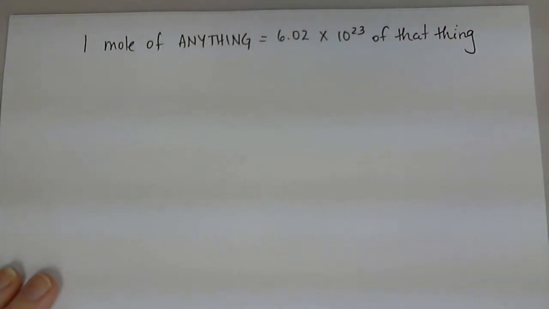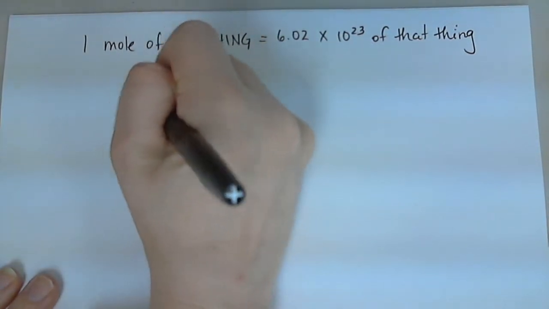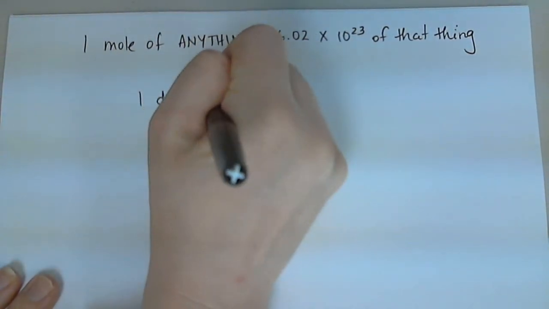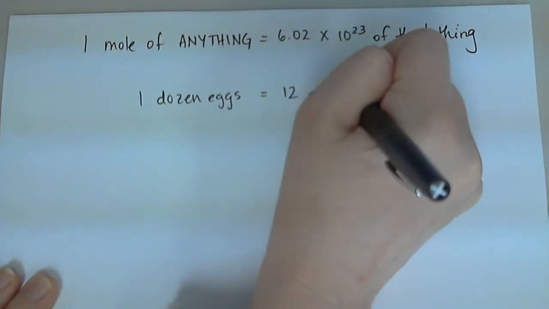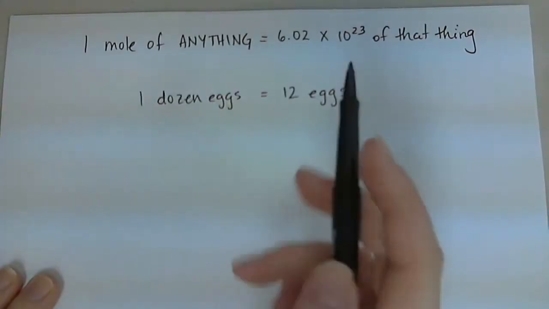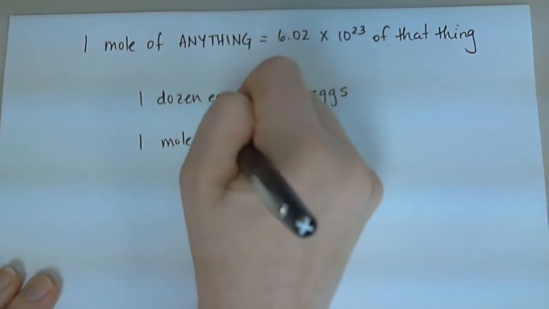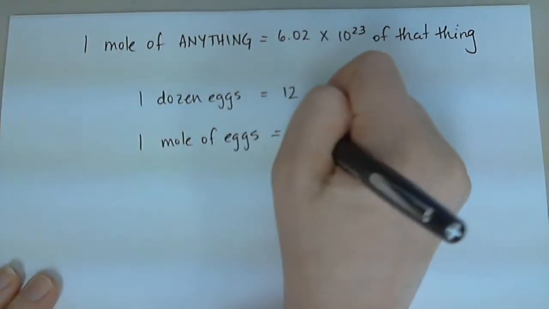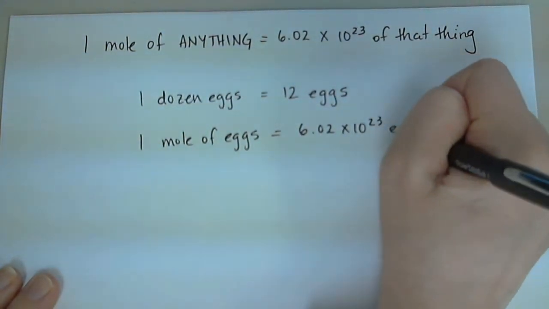So let's take a minute to think about this. I think that we're all really comfortable saying something like, okay, 1 dozen eggs equals 12 eggs. Now, just like 1 dozen eggs equals 12 eggs, 1 mole of eggs equals 6.02 times 10 to the 23rd eggs.